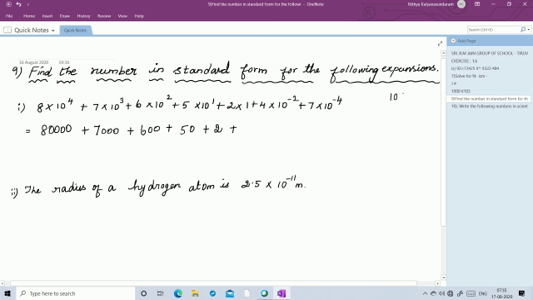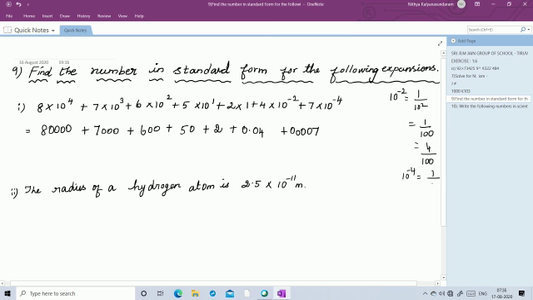Plus 2 into 1 is 2, plus 4 into the 100 place. So 10 power minus 2 we can write as 1 by 10 squared. 10 squared is 100. So 4 by 100 we can write 0.04, plus 7 into 10 power minus 4, which means 4 decimal places.